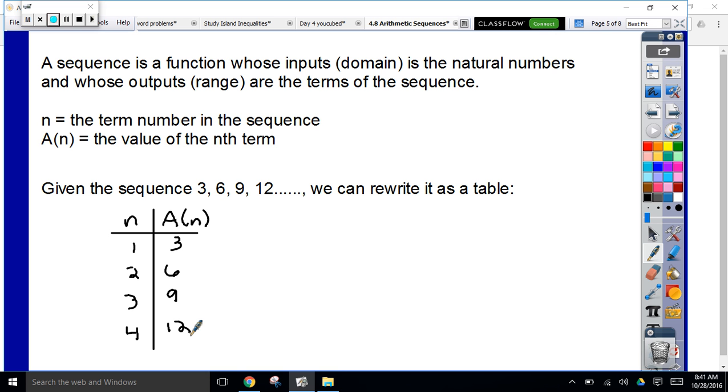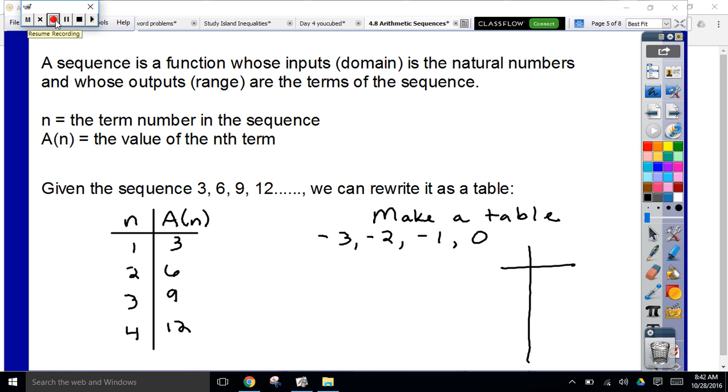Okay, I want you guys to make a table for this sequence: -3, -2, -1, and 0. So just quickly make a table just like I did. Let's just make sure you understand how to make the table. Okay, what am I going to put as the headings in my table? Athena, what are you going to put up here?